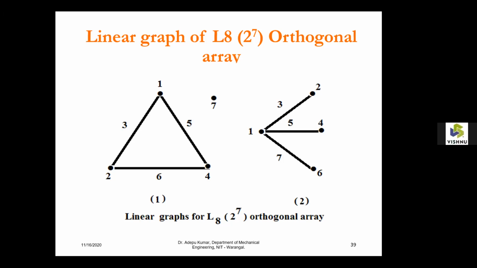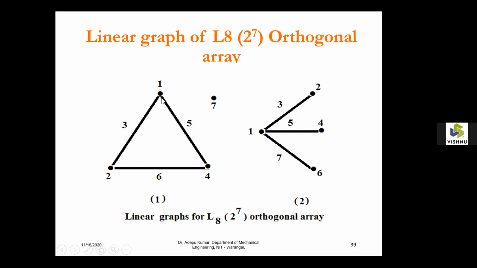What is the difference between these? Here there are 1, 2, 3, 4 node points. Dot points indicate nodes, and a node means a parameter: the first, second, third, and fourth parameter. So here also there are 4 parameters.